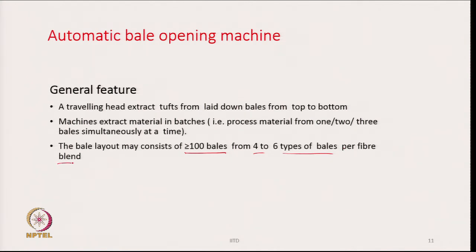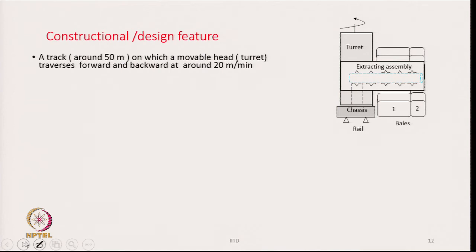So, actually 4 to 6 different types of bale groups can be laid down along the machine, and the machine will be able to process all those bales together. That is the interesting part. Now, we will discuss the construction and design features of the machine.